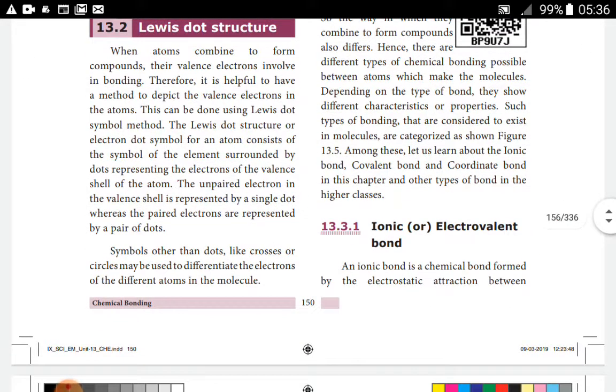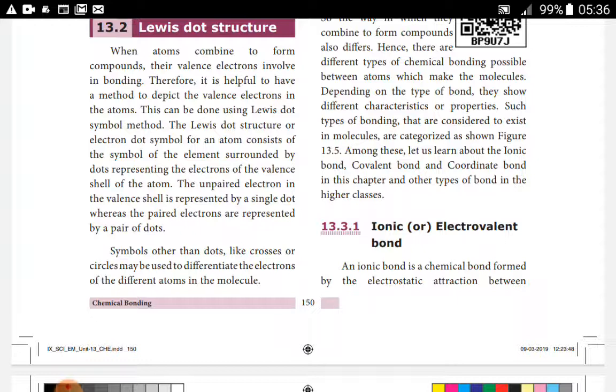Symbols other than dots, like crosses or circles, may be used to differentiate the electrons of the different atoms in the molecule. Suppose the molecule is made up of different kinds of atoms, that is a heteroatomic molecule like hydrogen chloride or water: hydrogen and chlorine, or in water, hydrogen and oxygen.